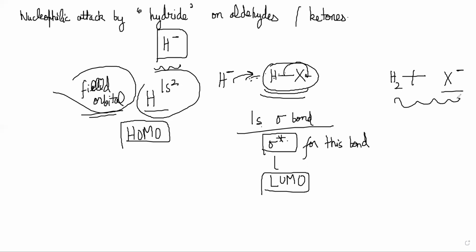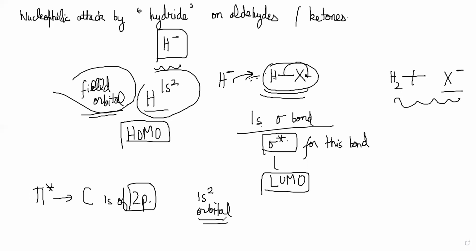Now, hydride ion is too small to interact with the pi star orbital. Pi star orbital of carbon is of the 2p kind, right? It is too big and diffuse to interact with the 1s2 orbital. There is a huge gap in energy, right? So then the bonding gain will not be sufficient, right? So what he is saying is, look at the figure where there's a cross in the nucleophilic attack.